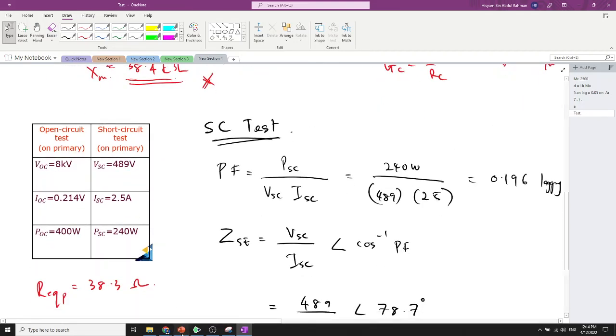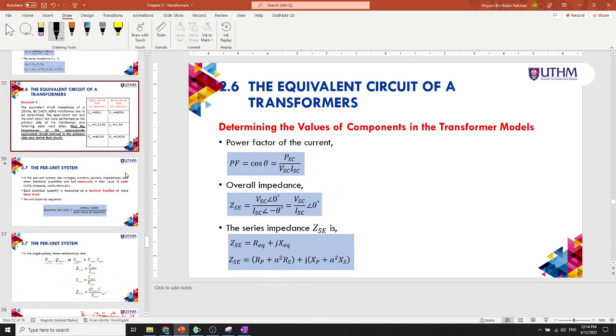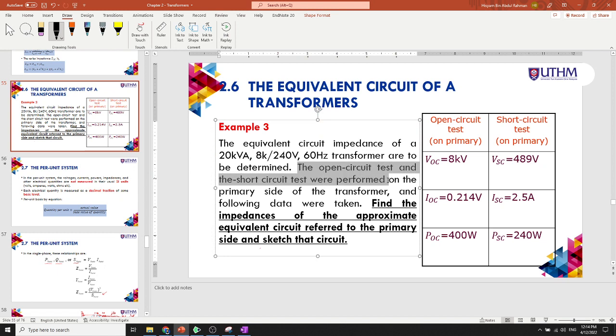It is based on the question. The question mentioned that the impedance of the approximate equivalent circuit is referred to the primary side. They say the test is performed on the primary side, so whatever result you get is the equivalent circuit at the primary side.